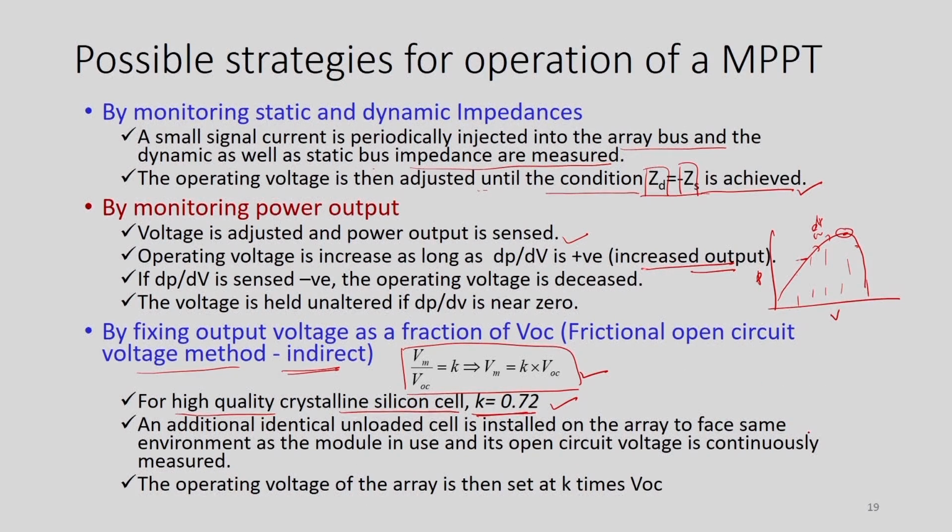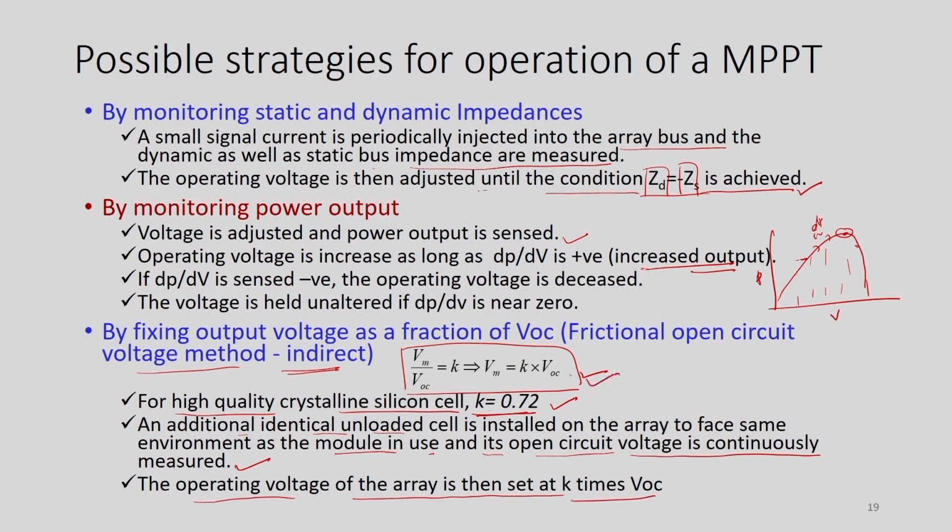Instead, an additional identical unloaded cell is installed on the array to face the same environment as the module in use, and its open circuit voltage is continuously measured. The operating voltage of the array is then set at K times VOC.